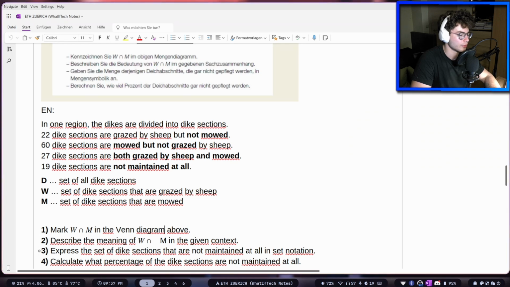Now, on to task 3, express the set of disections that are not maintained at all in set notation.